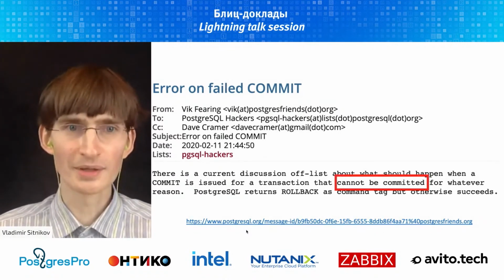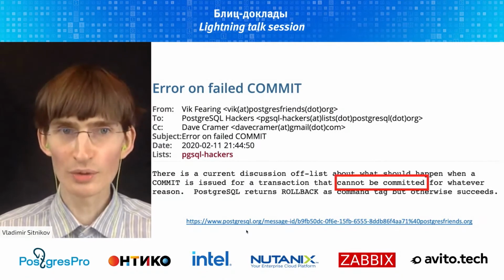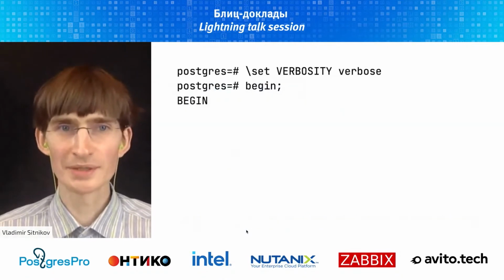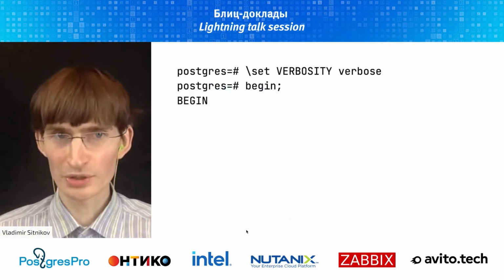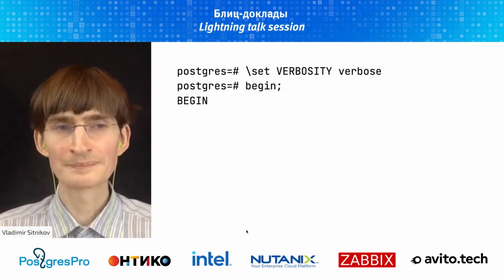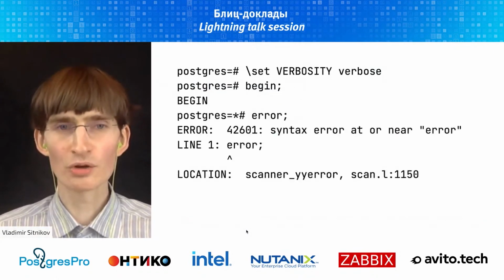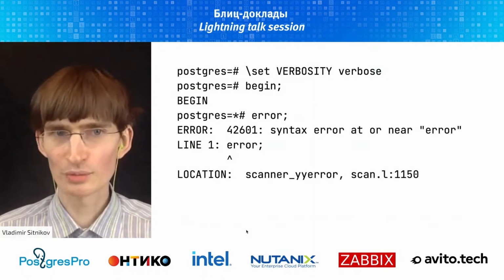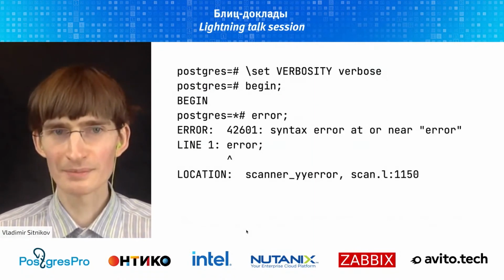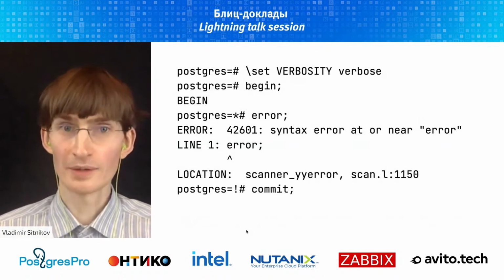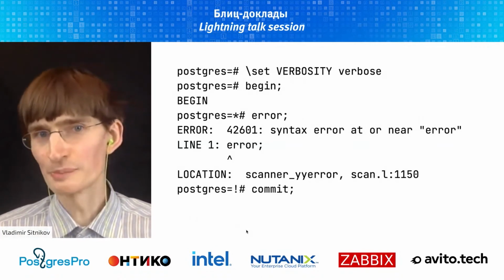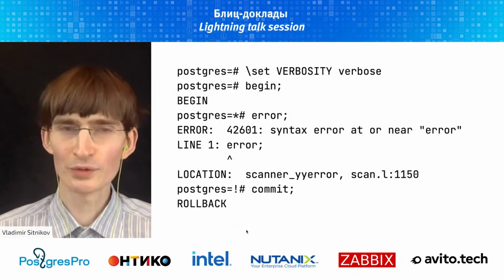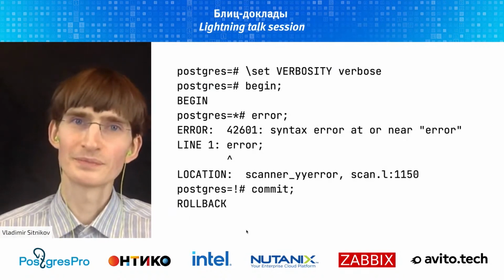But the person who wrote it considered the case when commit does not commit. Same beginning, we launch the transaction, and then we enter some totally incorrect SQL phrase. What happens? Drum roll, we say commit.